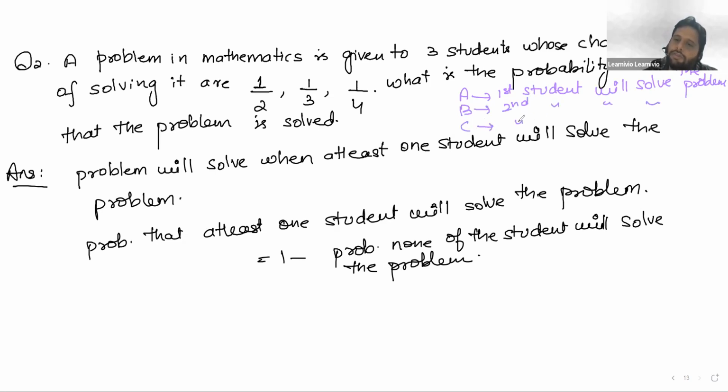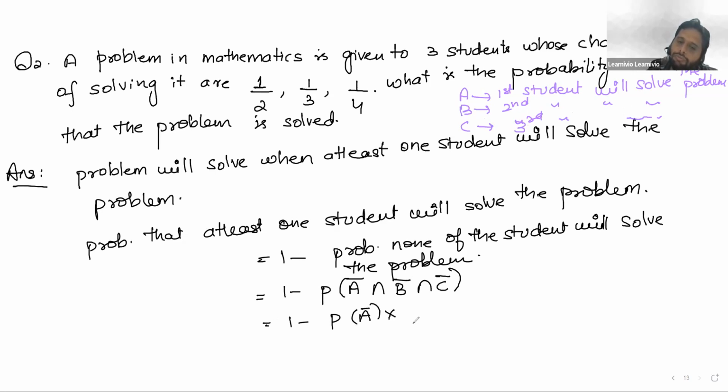C is the event that the third student will solve the problem. So we need to find 1 minus the probability that first will not solve, second will not solve, and third will not solve. So this is equal to 1 minus P(A not) into P(B not) into P(C not).